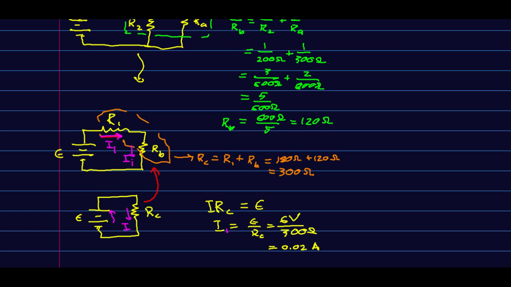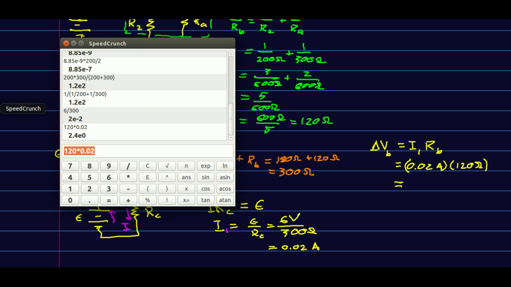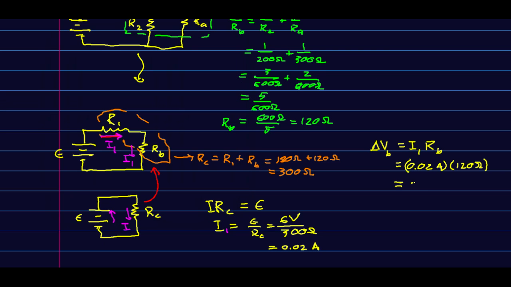And we can now use the fact that we know that that same current goes through RB to find the voltage across RB. So we know that the voltage, I'll call it delta VB, the voltage across RB, is just what we're now calling I1 times RB. And so that is 0.02 amps times RB is 120 ohms, 2.4 volts.